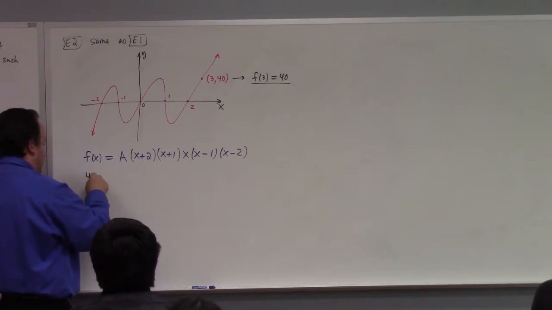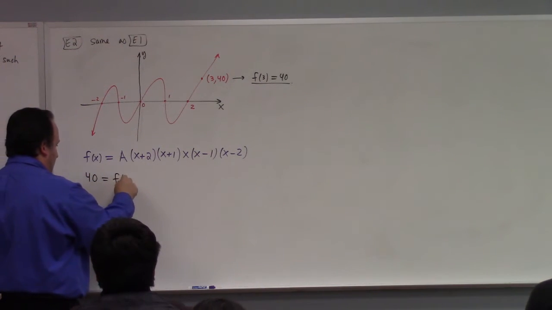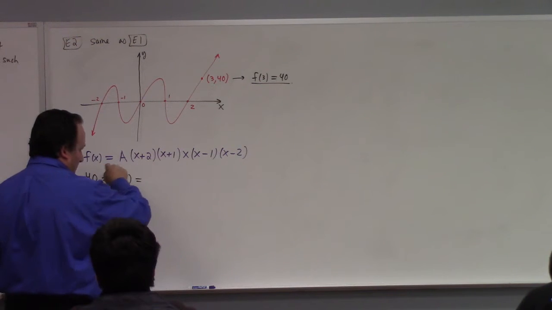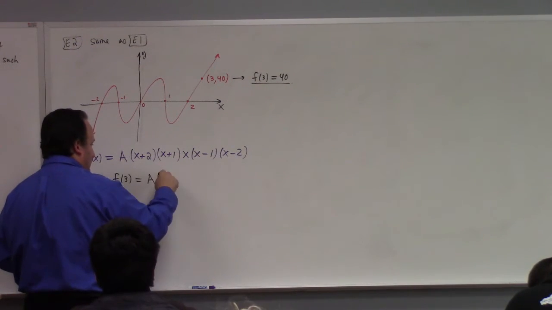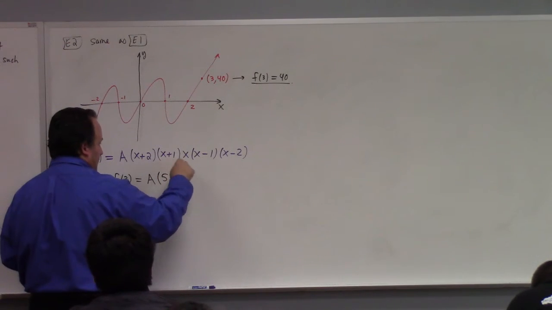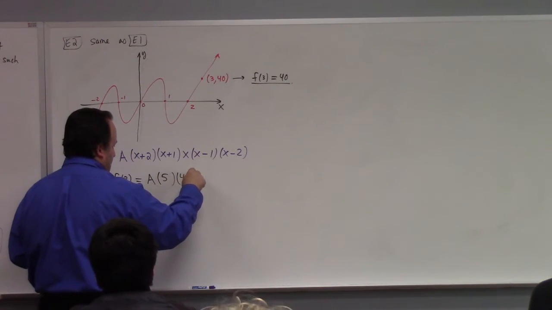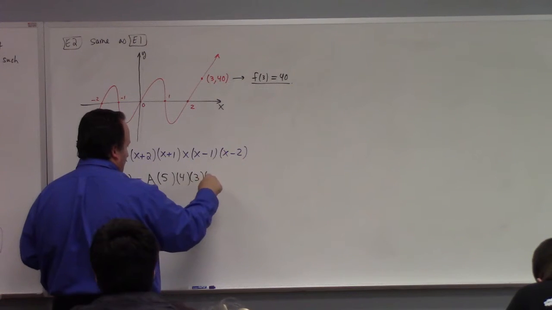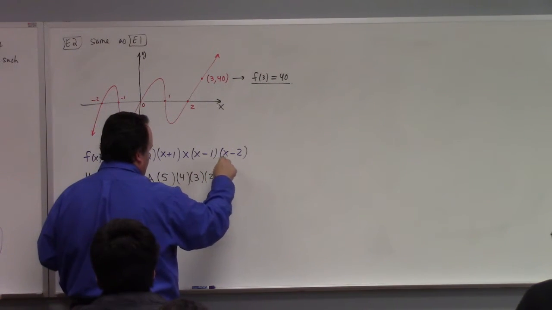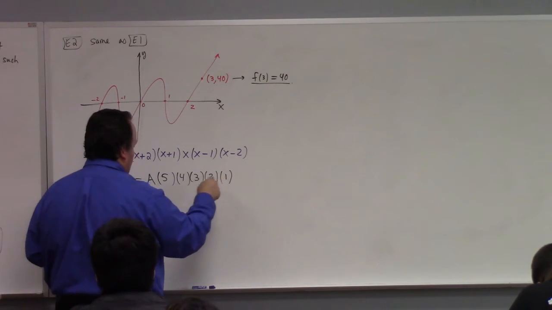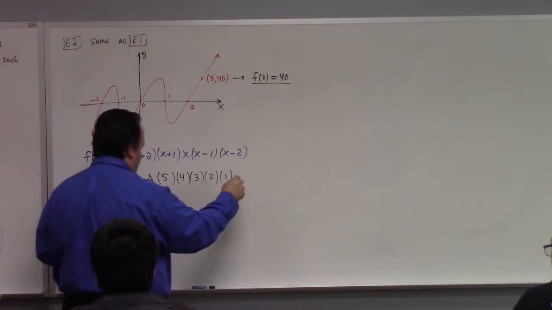We've got 40 is equal to f of 3, which is, if we plug 3 into this formula, a times 3 plus 2 is 5, 3 plus 1 is 4, that's just 3, 3 minus 1 is 2, and 3 minus 2 is 1. So 5 times 4 times 3 times 2 times 1 is 120.